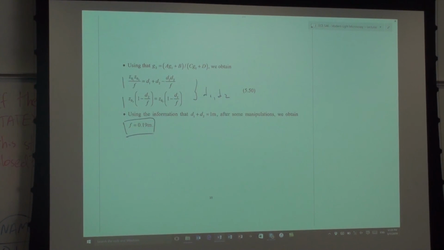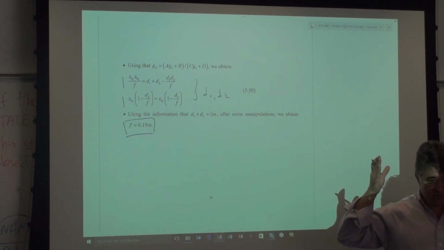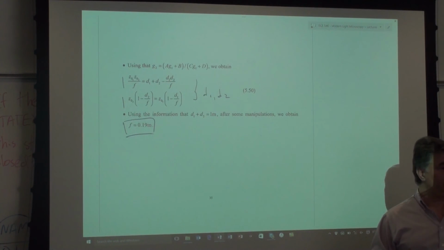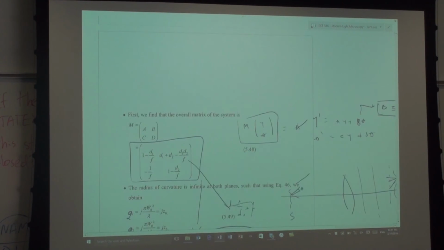We know their sum should be 1 meter, but I have an infinite combination of pairs that I can have, right, of D1, D2. But since my waist has to go down by a factor of 2, that will uniquely lock it in place. Okay? Good.